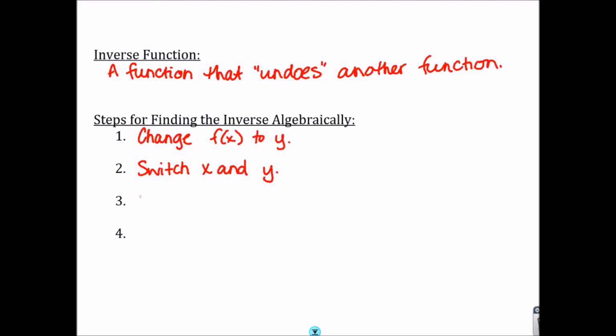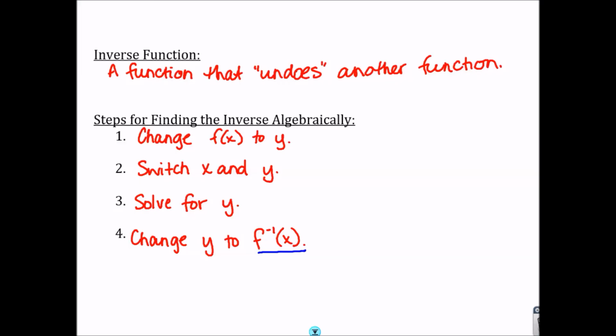Then you need to solve for y. And lastly, you need to change the notation. You change y to f inverse of x. This right here is the notation for the inverse of f of x.